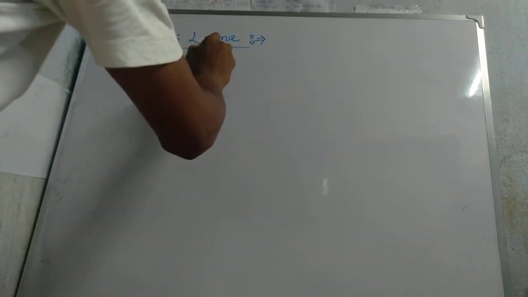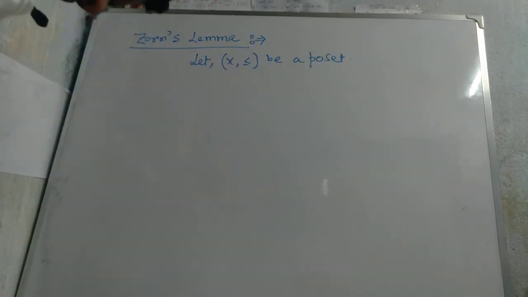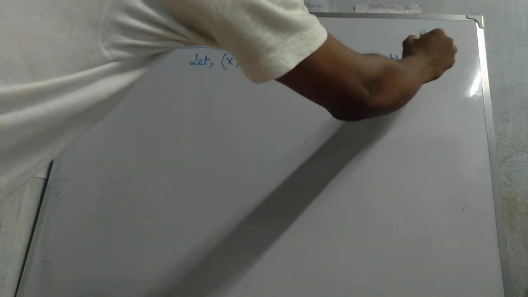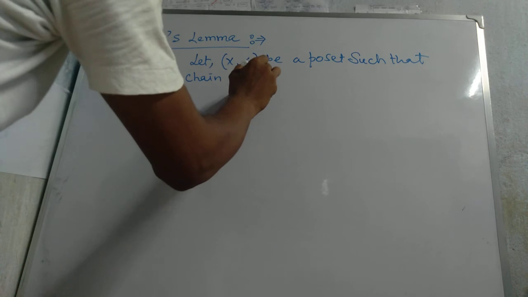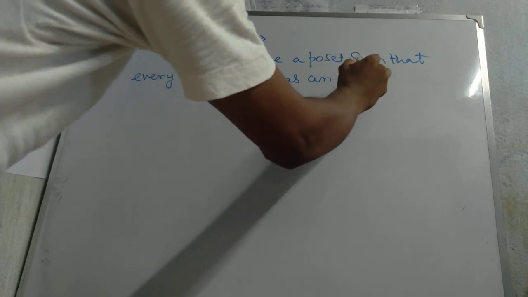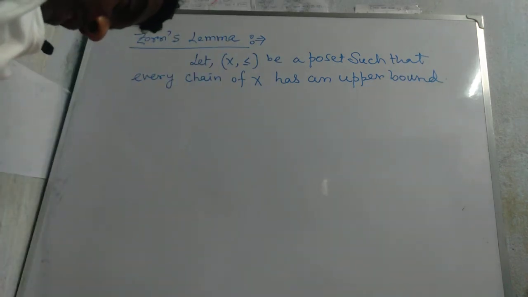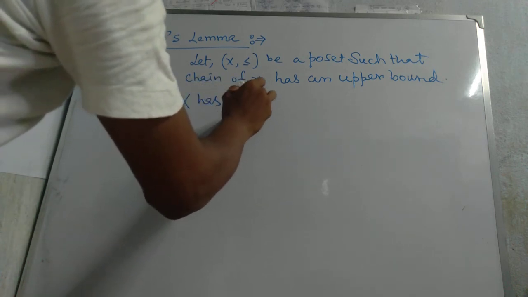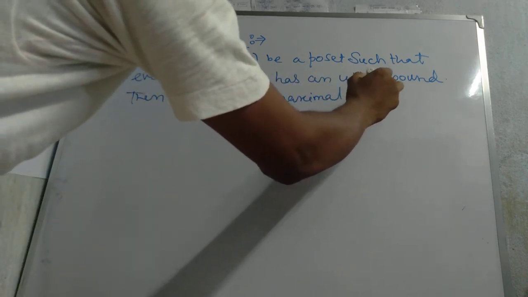Let X with less than or equal to be a poset such that every chain of X has an upper bound. Then X has a maximal element.